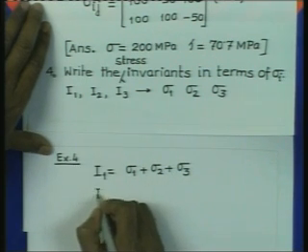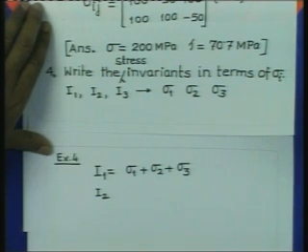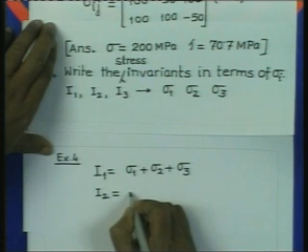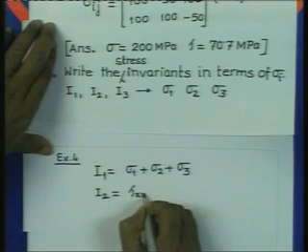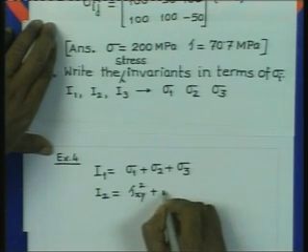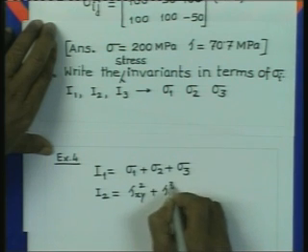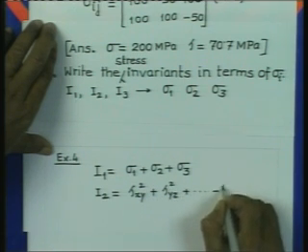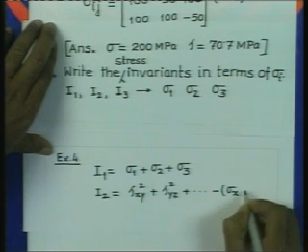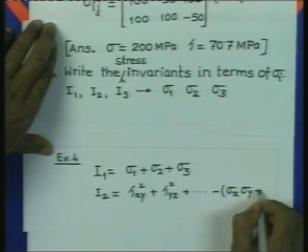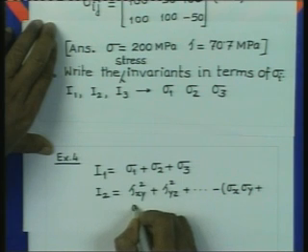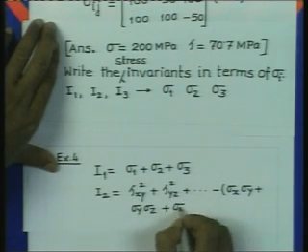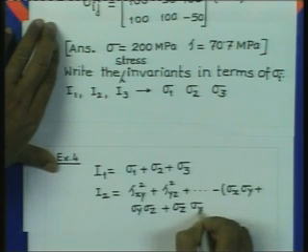Now, for the second stress invariant, I would like you to consider the relationship we had: tau xy square, tau yz square and the third component, minus sigma x sigma y plus sigma y sigma z plus sigma z sigma x.